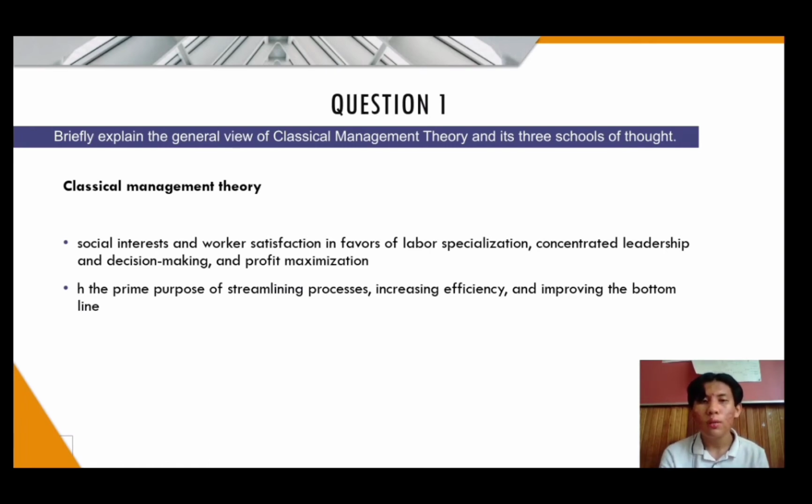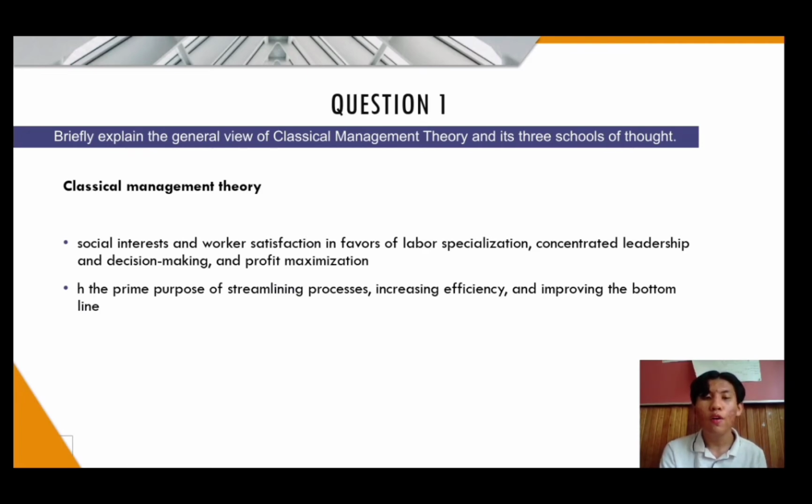So this classical management theory has only physical and socio-economic need. The social interest and worker satisfaction in favor of labor specialization, concentrated leadership and decision making in profit maximization, and this concept emerged in the late 19th century and gained ground in the first half of the 20th century.